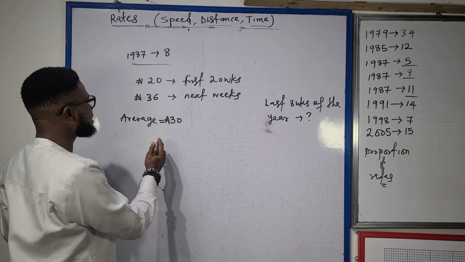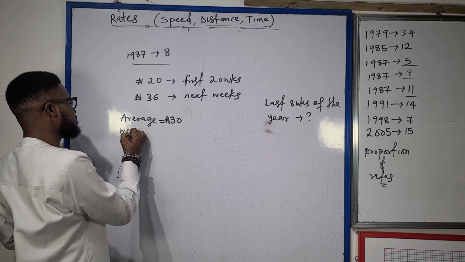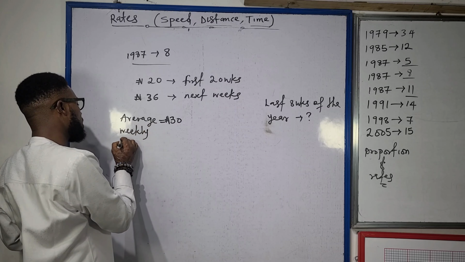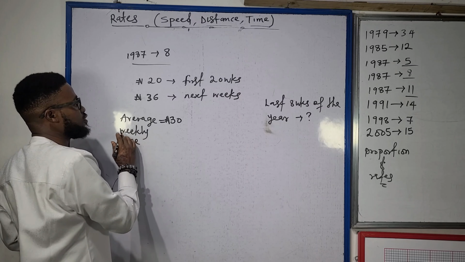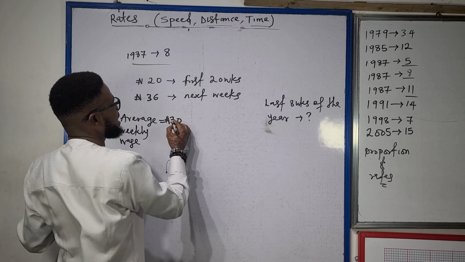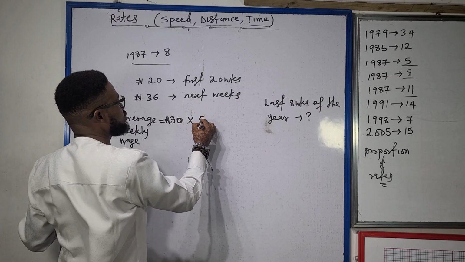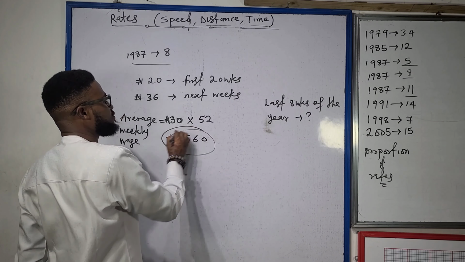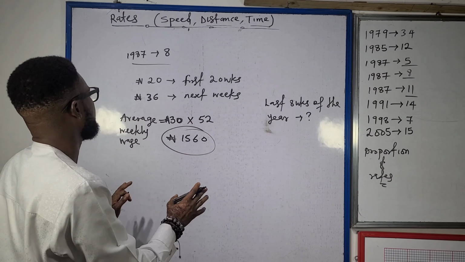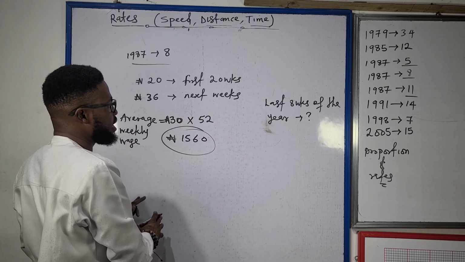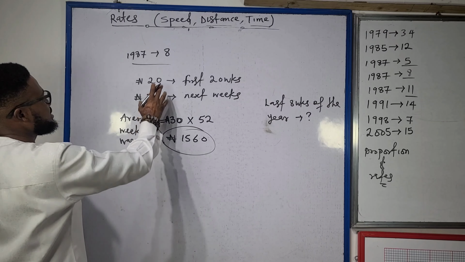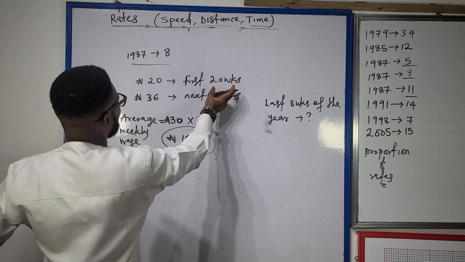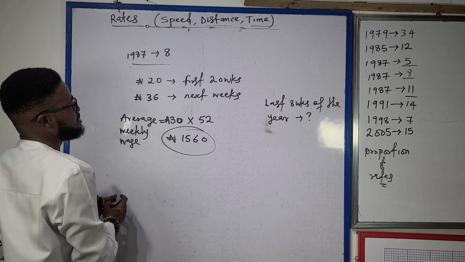Now, with this average weekly wage for the whole year, this is like 30 times 52, 1,560. So this 1,560 is just about what Peter is going to earn all through the year. But in this case, it says the first 20 weeks, it is at 20 naira per week.